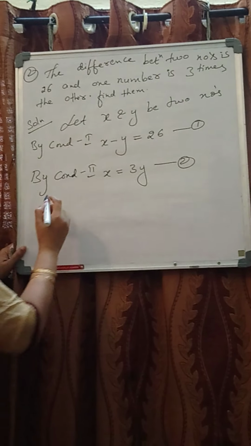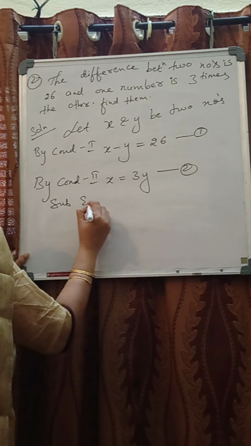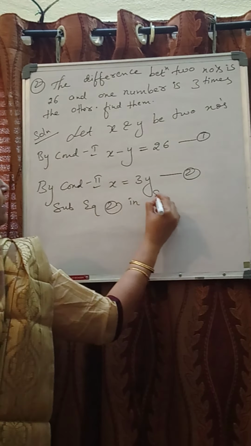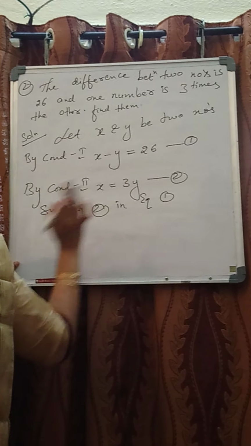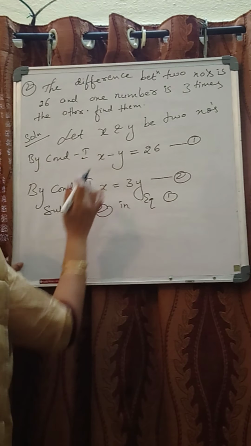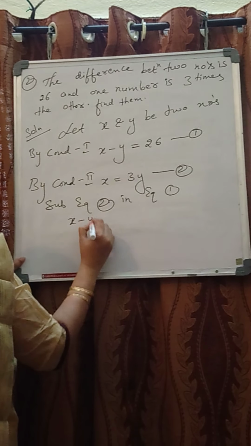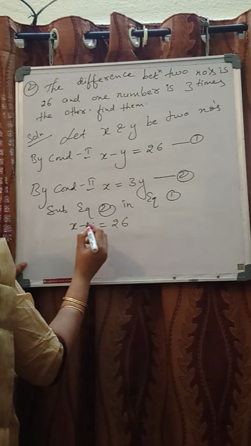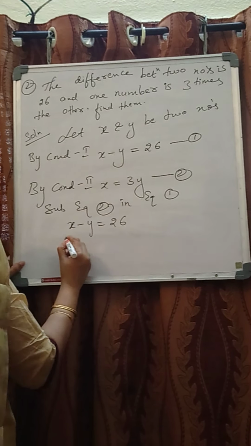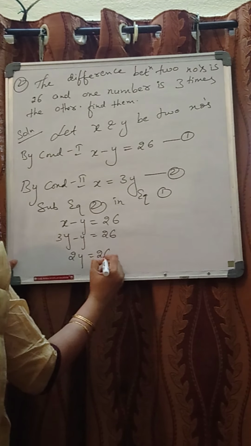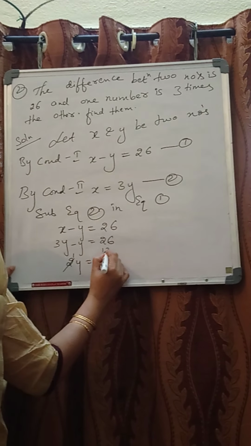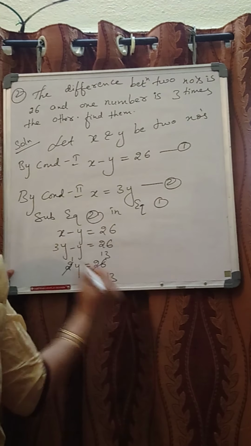Okay. Now substitute equation 2 in equation 1. So equation 2 is what? X equal to 3y. Equation 1 is what? X minus y equal to 26. In place of x we are writing 3y. 3y minus y equal to 26. 2y equal to 26. 2 13s are 26. Y equal to 13, children.